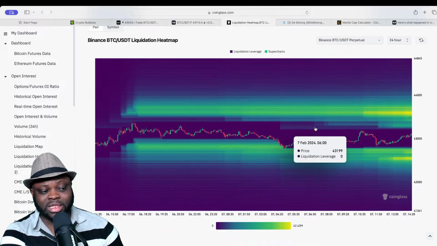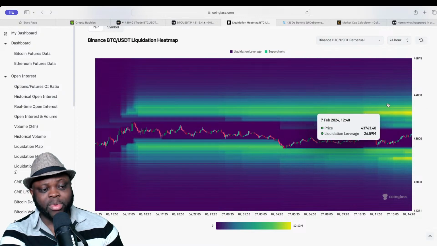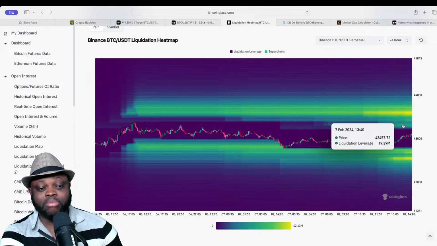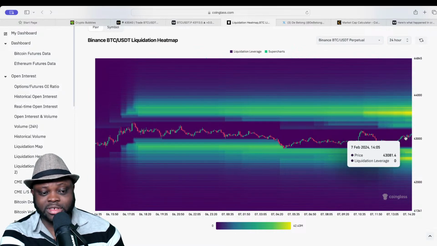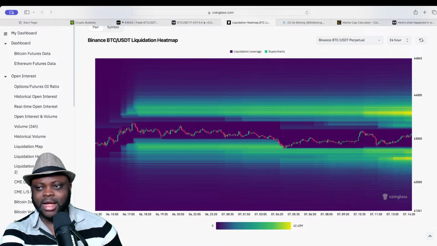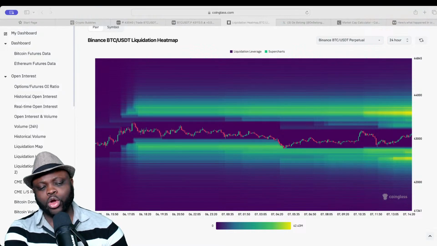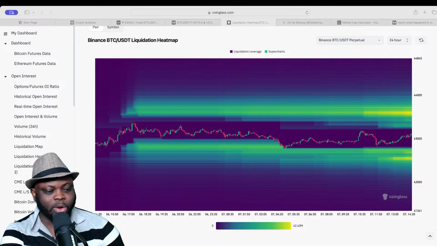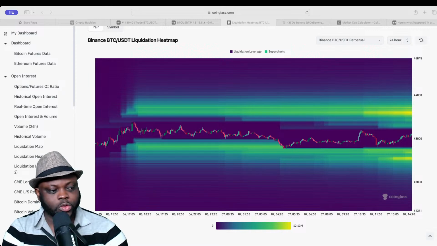But we can see price do that today. The 44,000 area is my target, and if I see price keep respecting structure, holding zones, I'm not going to close my trade. I'm going to keep adding to my trade until I get to a point where I know this is the time for me to actually cash out profit and sell.